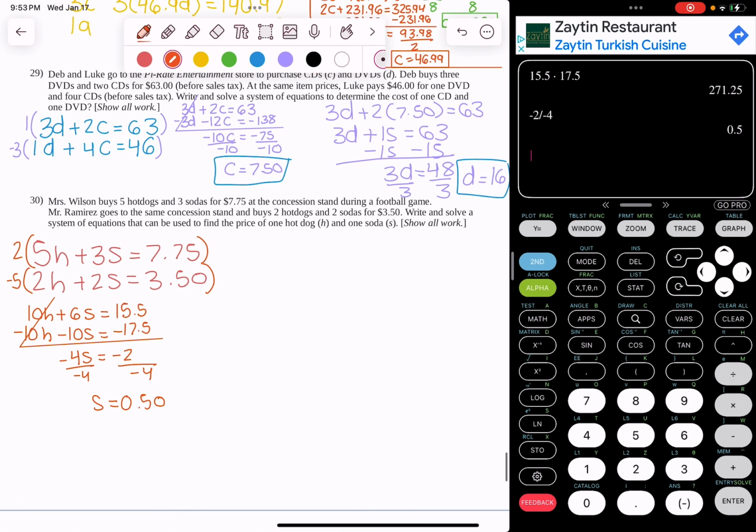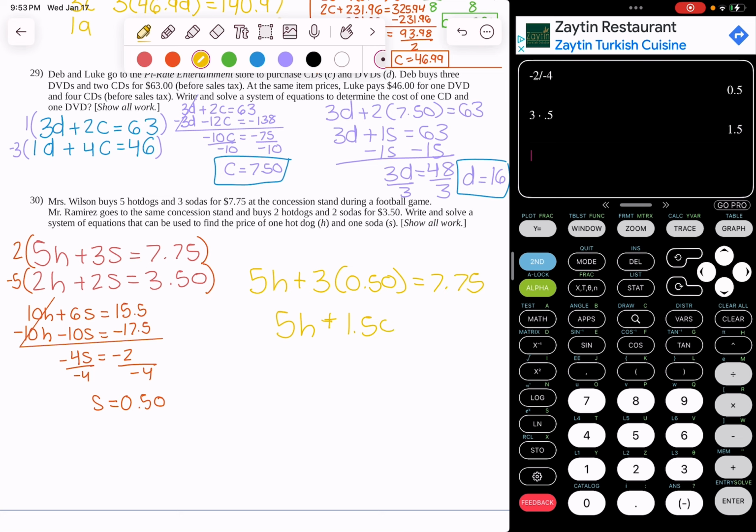Good. So now let's find the price of hot dogs. Let's rewrite the first equation. 5h plus 3 times 50 cents equals 7.75. So we have 5h plus $1.50 equals 7.75.